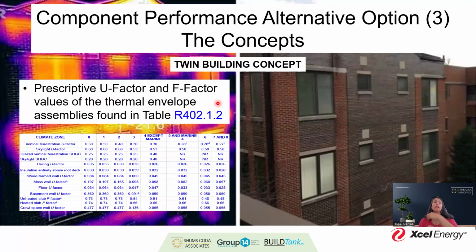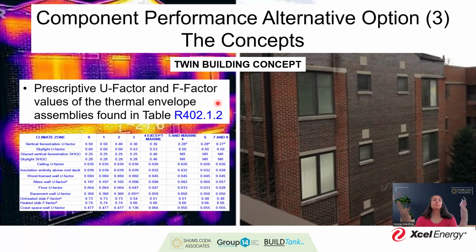All right, so now when it comes to the twin building concept, what we're going to do is take a look at what the reference design building is. That reference design building is going to put in place the values that you see within the table. It's going to have the U factor and it's going to have the F factor.